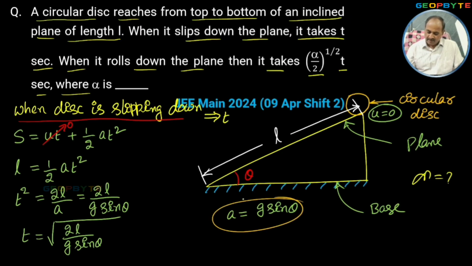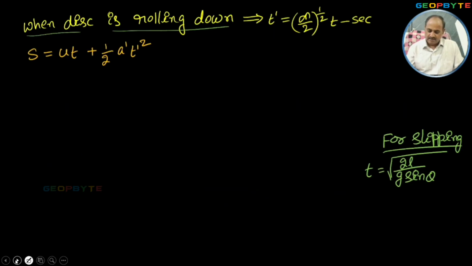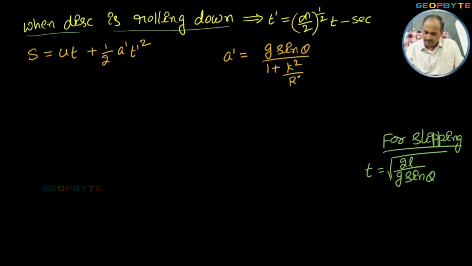For slipping motion, acceleration is g sin theta, whereas for rolling motion, acceleration a dash equal to g sin theta by 1 plus k square by r square, where k equal to radius of gyration. That radius of gyration k equal to r by root 2.